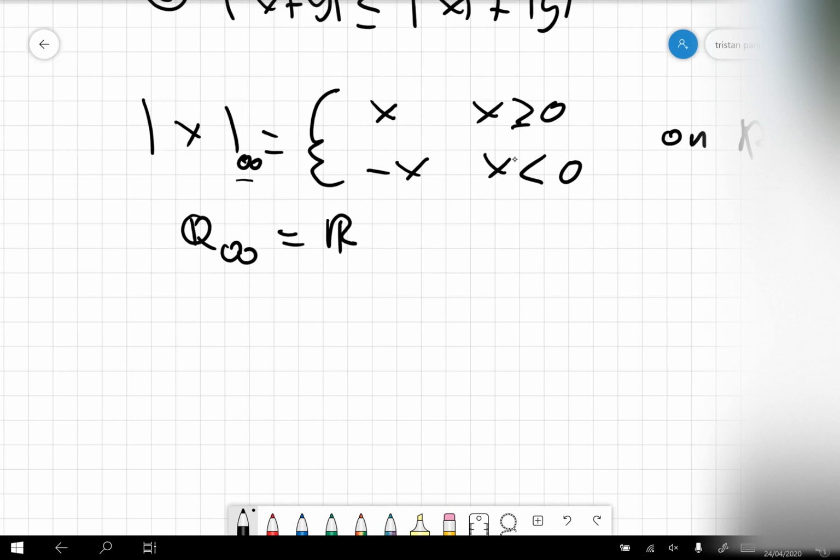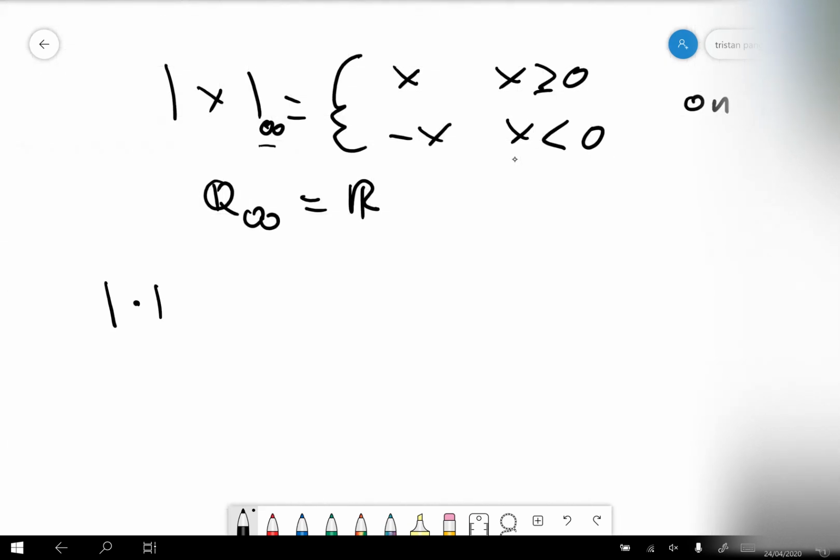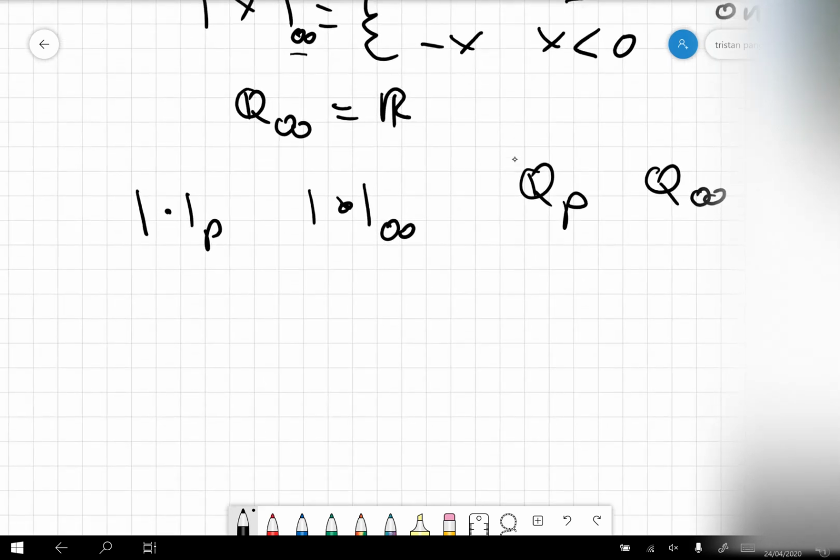This gives us an analogy, since we have the P-adic norm, and then we also have the real norm, and we have the P-adics, and then the real numbers like that.